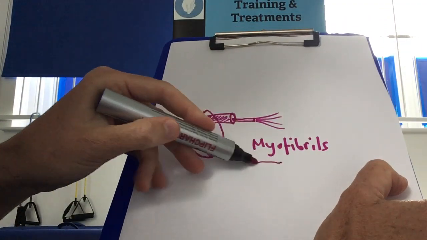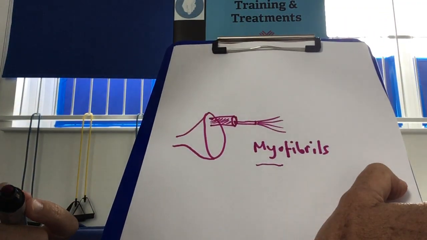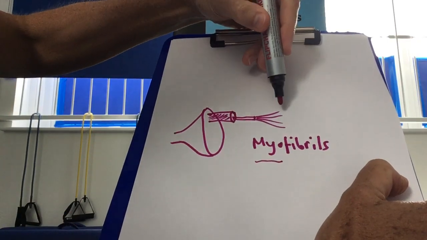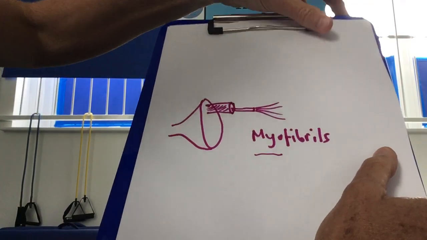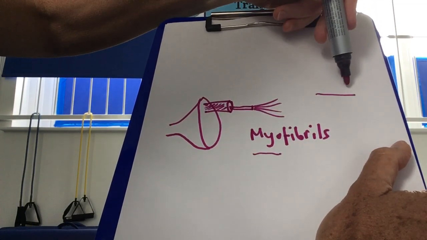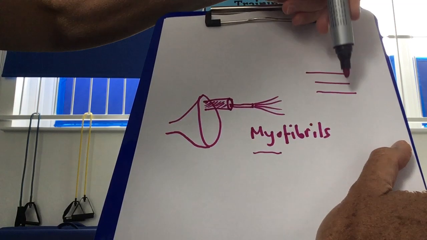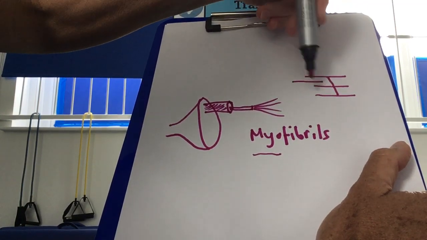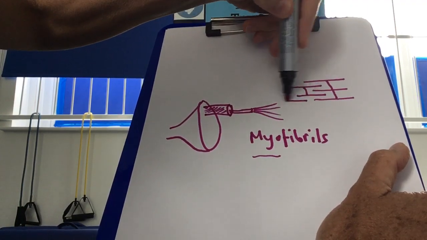Myo means muscle, fibril, small fibres. So these are myofibrils, and these under a microscope will have the striations. Okay, it will look like so.